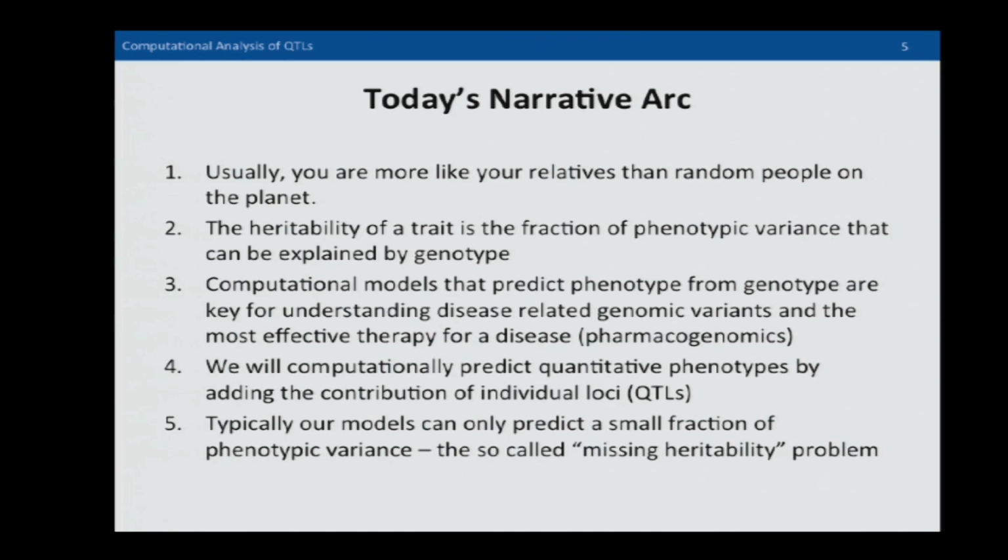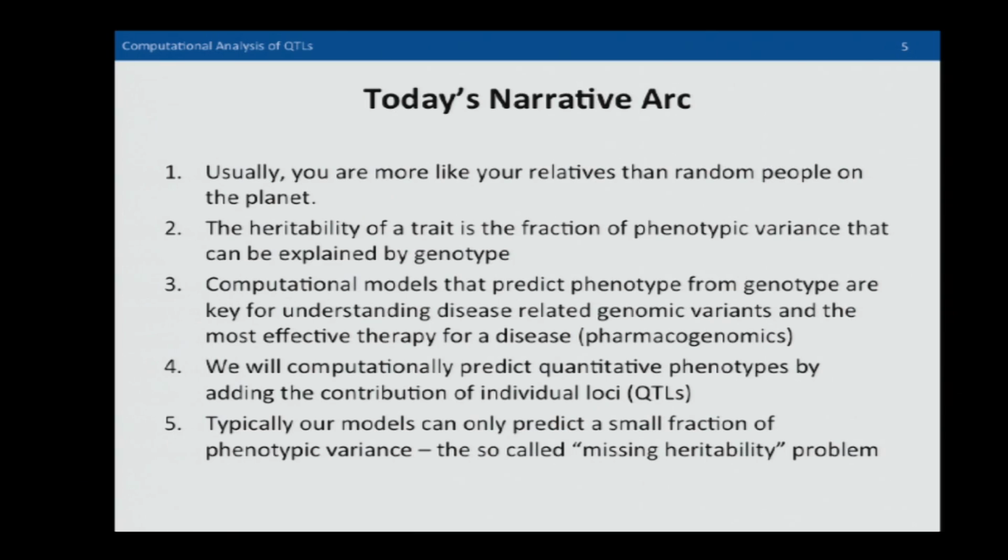And we're going to talk today about computational models that can predict phenotype from genotype. And this is very important, obviously, for understanding the sources of various traits and phenotypes, as well as fields such as pharmacogenomics that try and predict the best therapy for a disease based upon your genetic makeup.